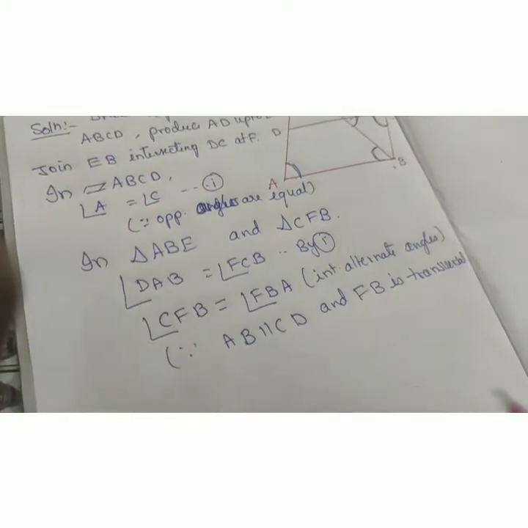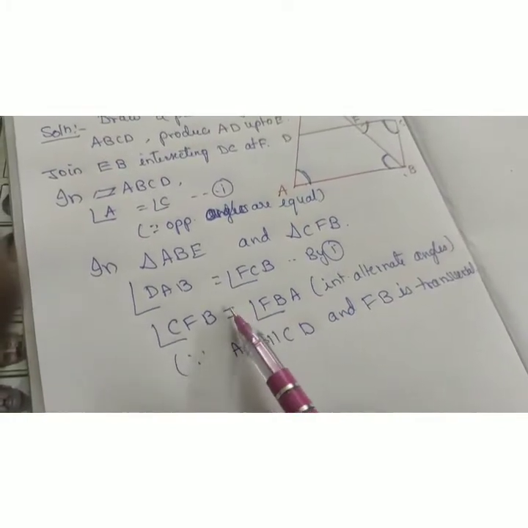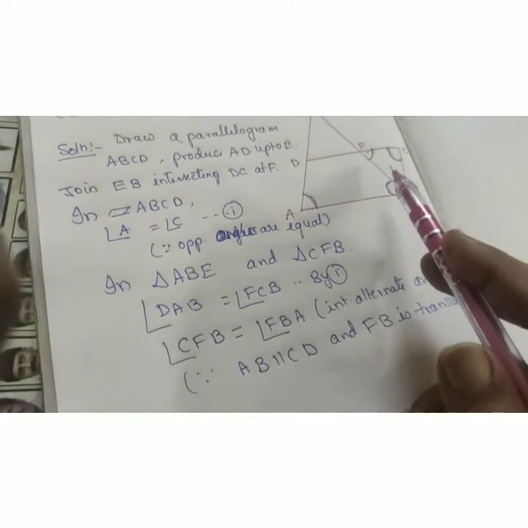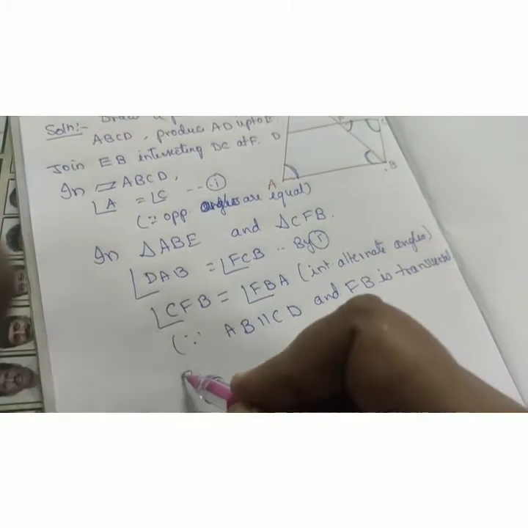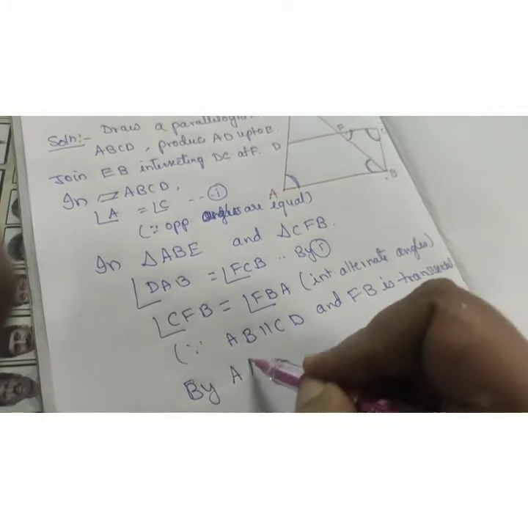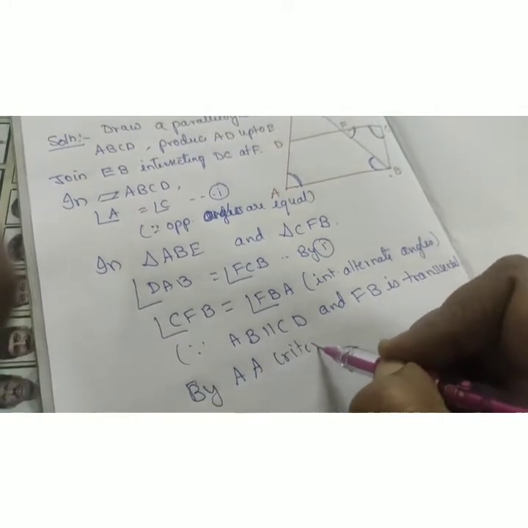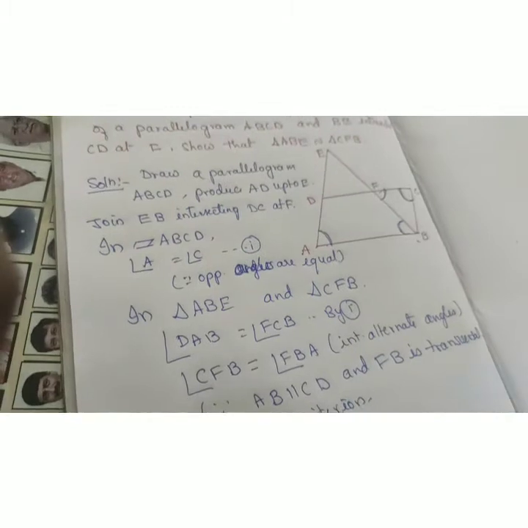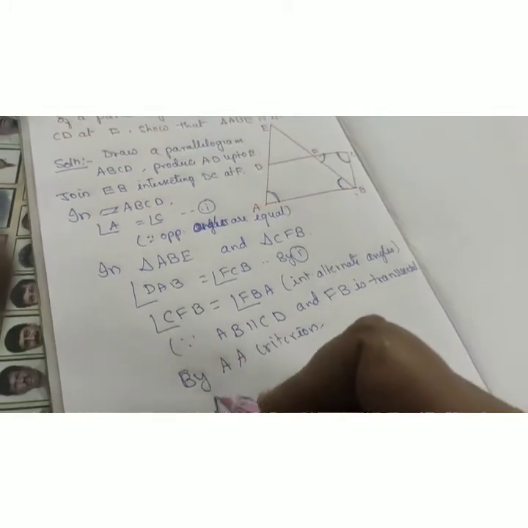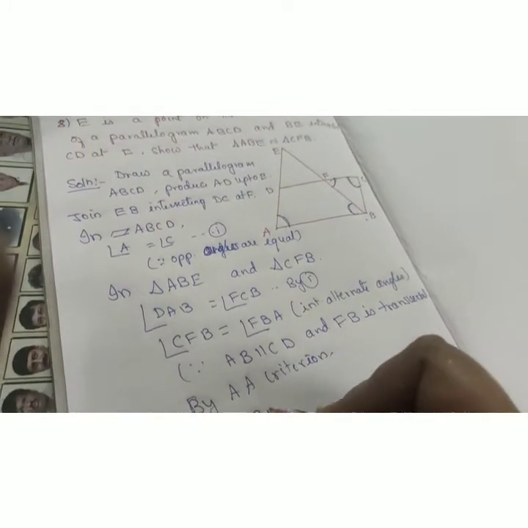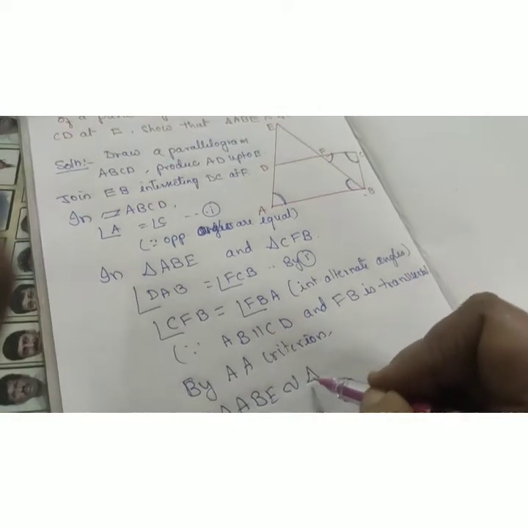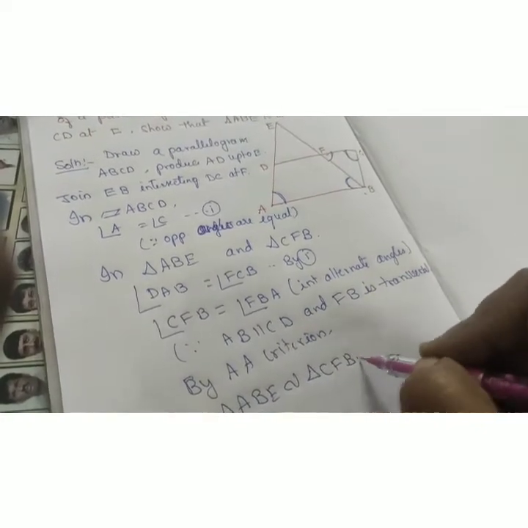So by AA criterion we can prove triangle ABE is similar to triangle CFB, hence proved.